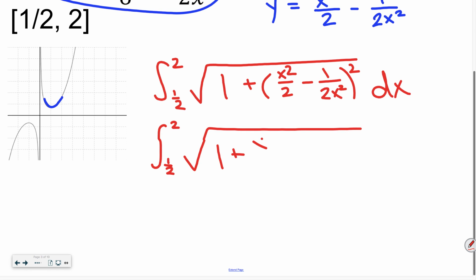Okay, so we have x to the 4th over 4. What would x squared over 2 times negative 1 over 2x squared be? Negative 1/4. Okay, and we have that twice. And then plus 1 over 4x to the 4th. Are you okay with how I got that negative 1/2?